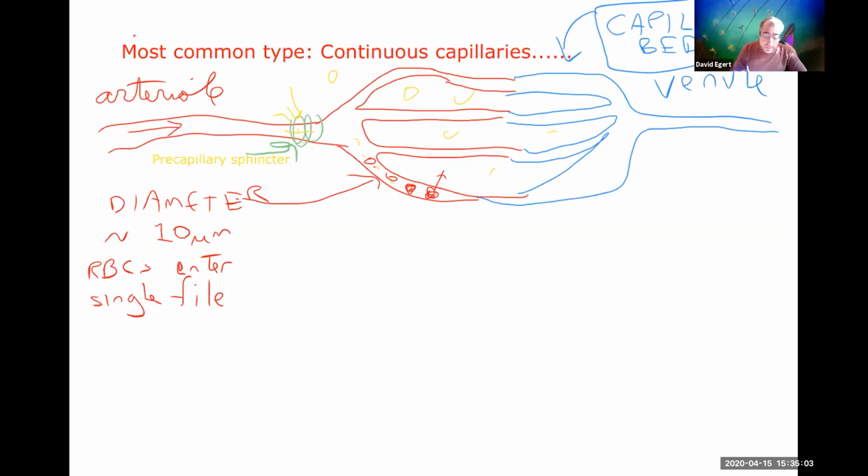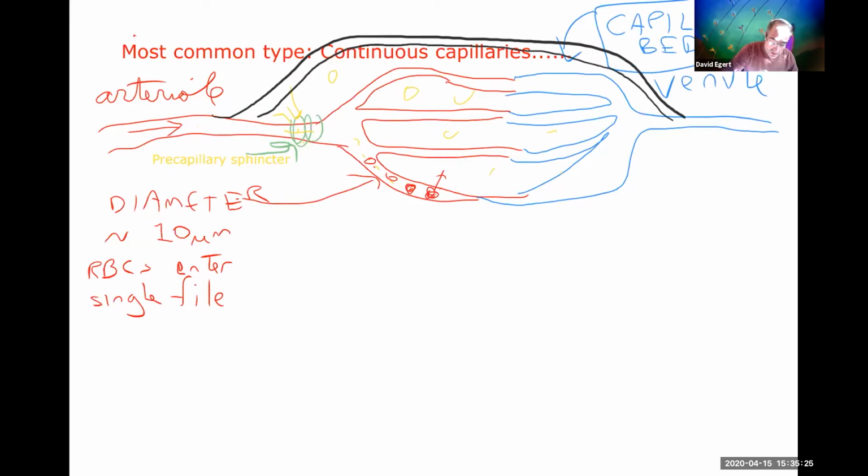If a capillary bed is closed, you still need some way for the blood to have some minimal flow so it doesn't just get stuck on this side. So there are these bypasses, which I'll just draw in right here. This thing here, this is called a metarteriole.